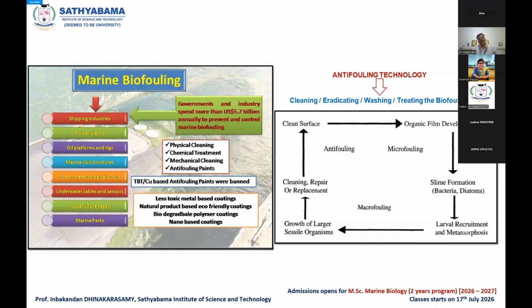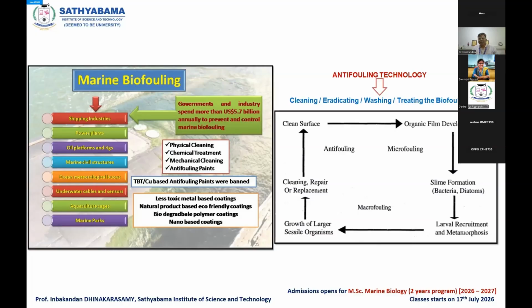Also, tributyl tin-based as well as copper-based anti-fouling paints, which were used before 2003, were banned in the anti-fouling industry, and now people are working on less toxic metal-based coatings, natural-based eco-friendly coatings, biodegradable polymer-based coatings, as well as nano-based coatings.